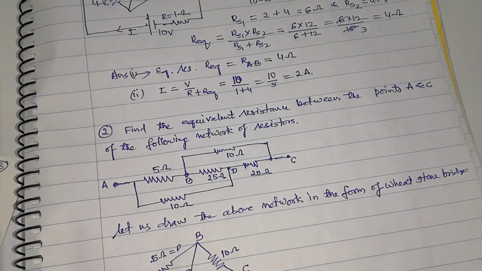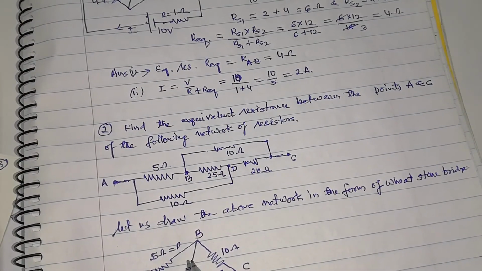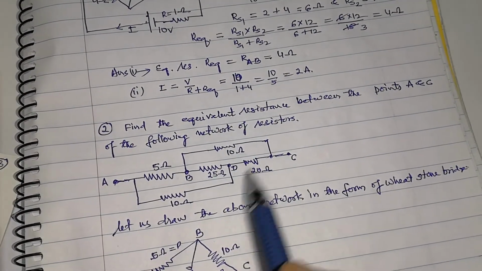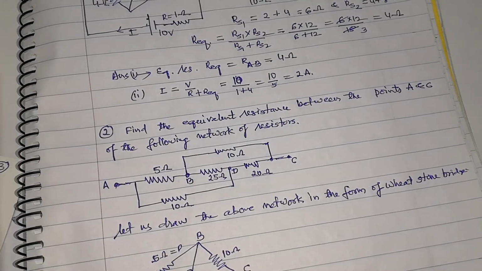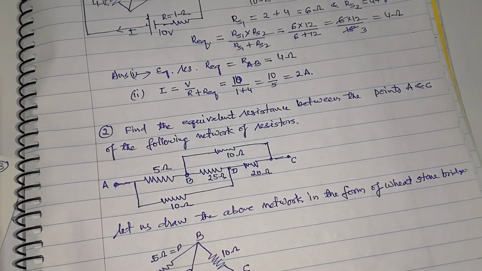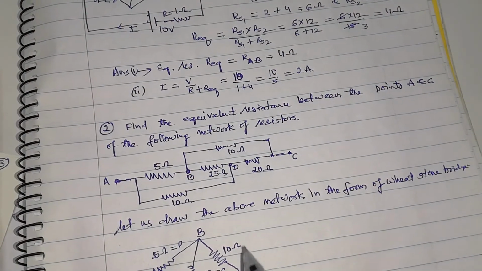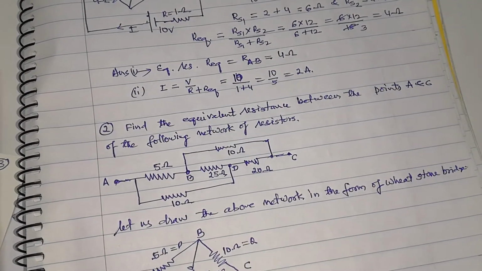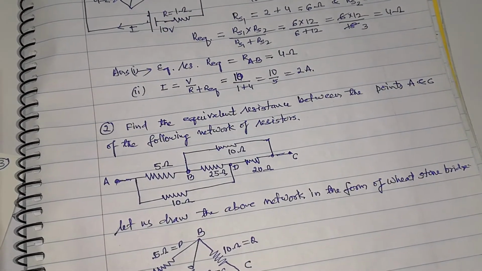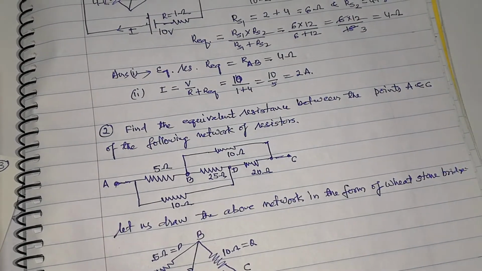Then in between DC, 20 ohm. This is P, Q, this is R, and this is S.